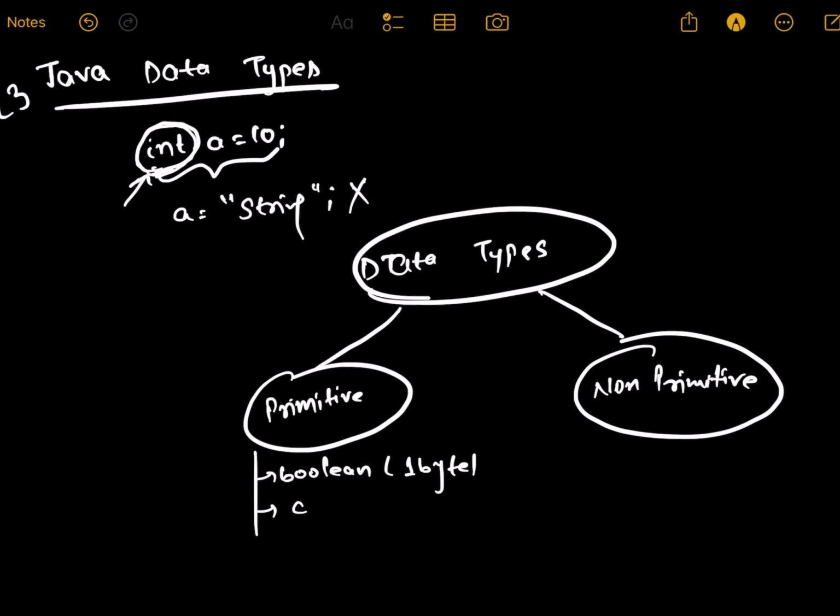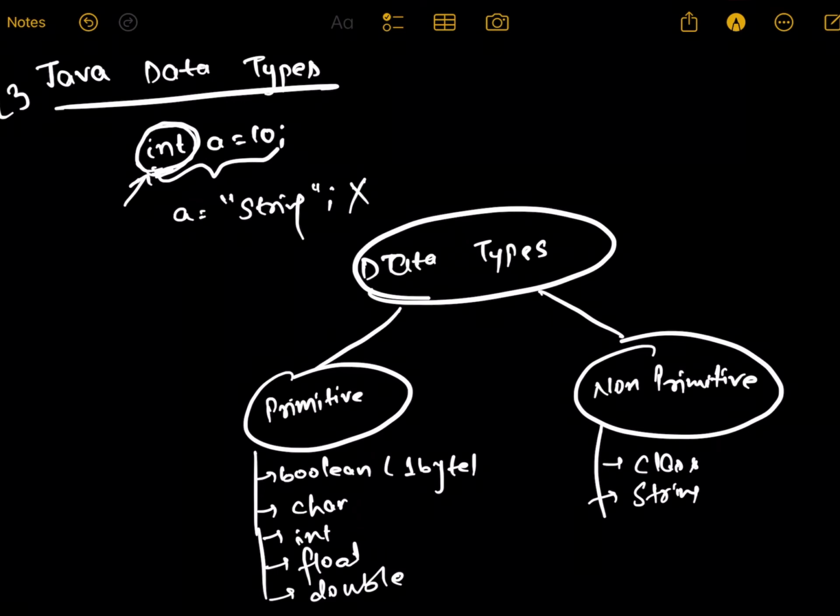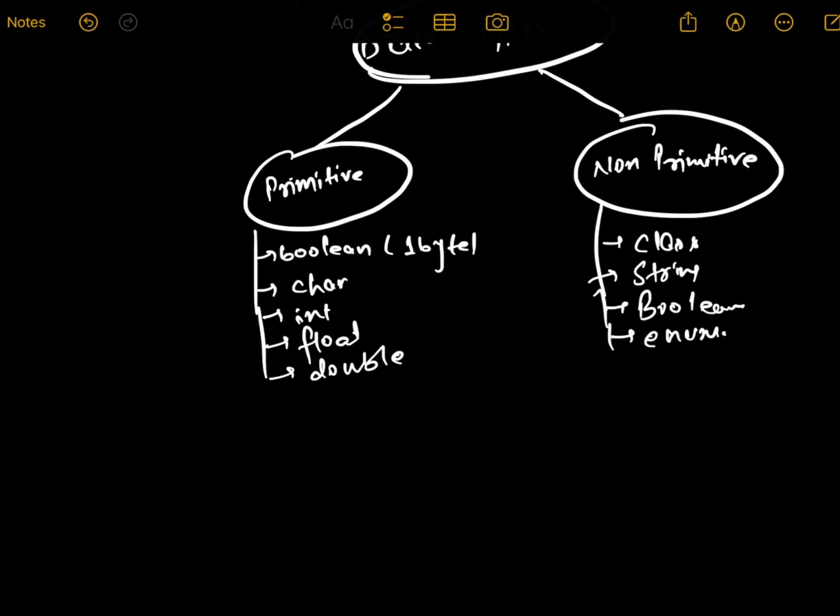Like that we have char, int, float, or double. In non-primitive data types we have class, string, and we also have enums, interface, like that. So these are primitive and these are non-primitive data types.